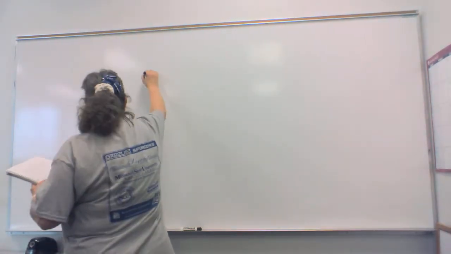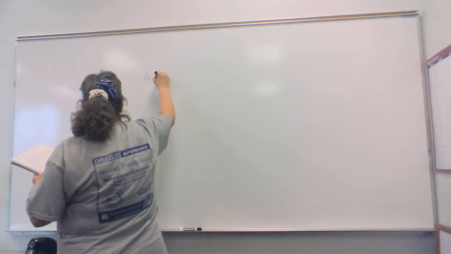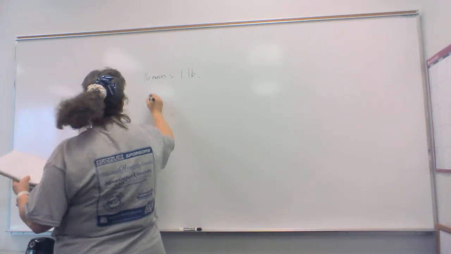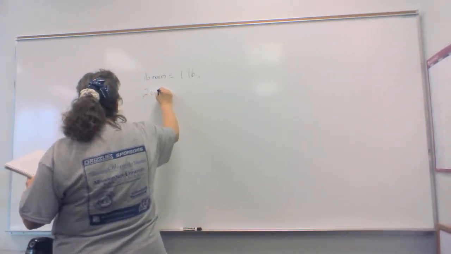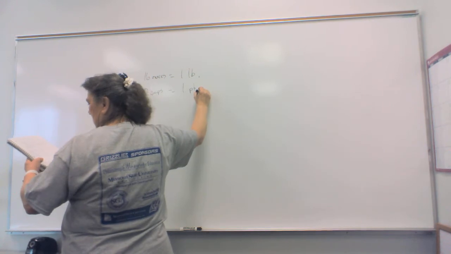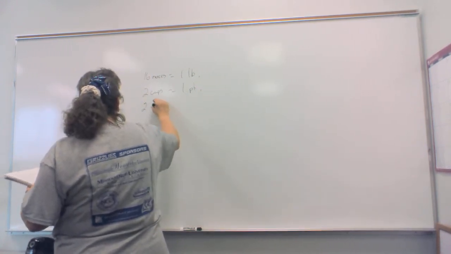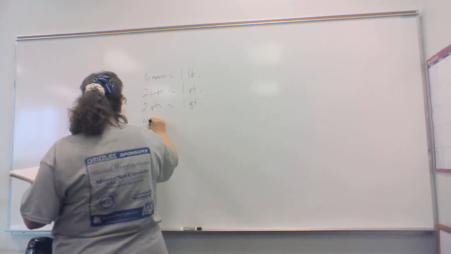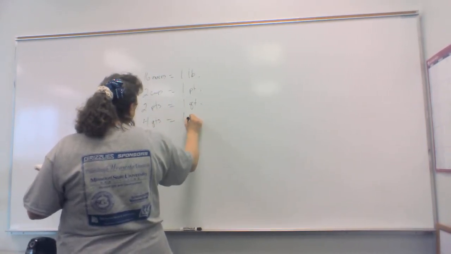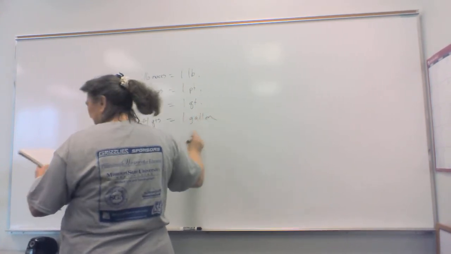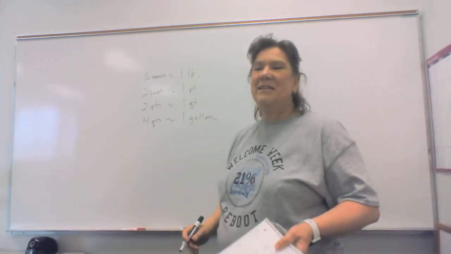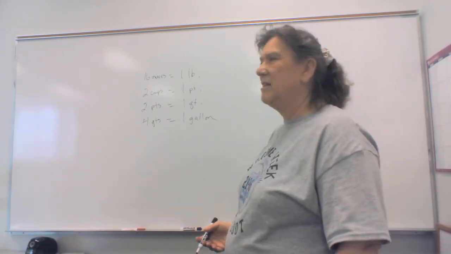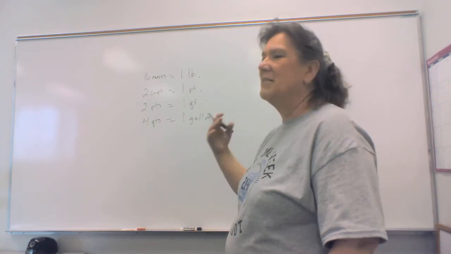How about 16 ounces equals 1 pound? 2 cups equals 1 pint. 2 pints equals 1 quart. And 4 quarts equals 1 gallon. So you see how completely different everything is. And there's many, many more of them. 2,000 pounds equals a ton, and so on, and so on.